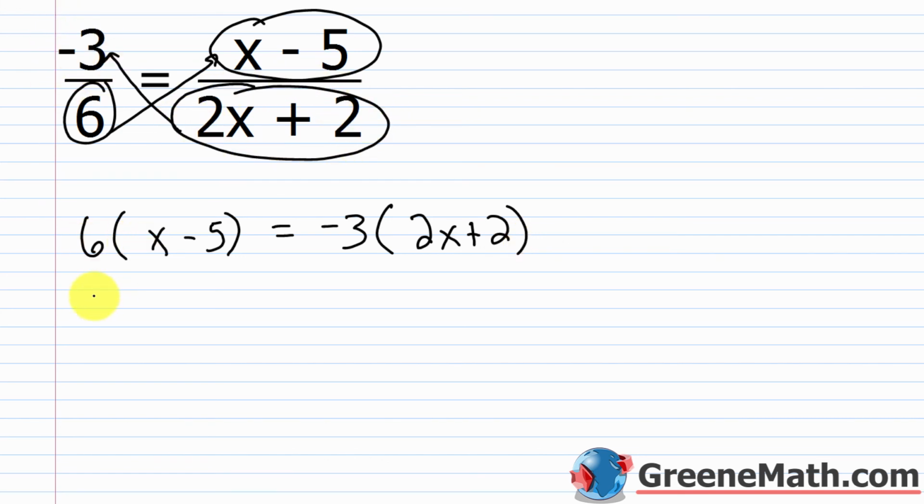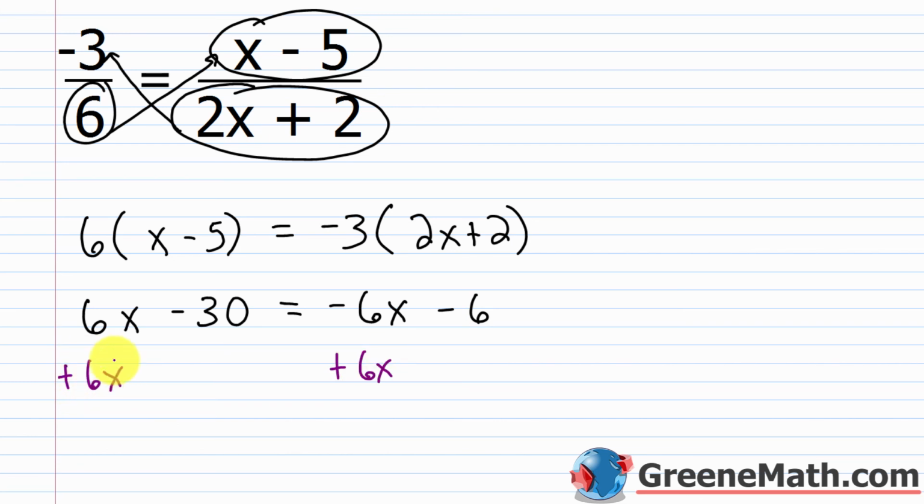So 6 times x is 6x. Then minus 6 times 5, that's 30. This equals negative 3 times 2x, that's negative 6x. Then negative 3 times 2 would be minus 6. All right, so I am going to add 6x to both sides of the equation. And I'm also going to add 30 to both sides of the equation.